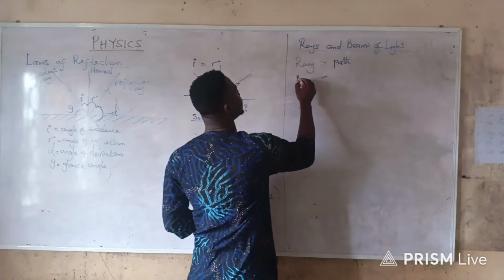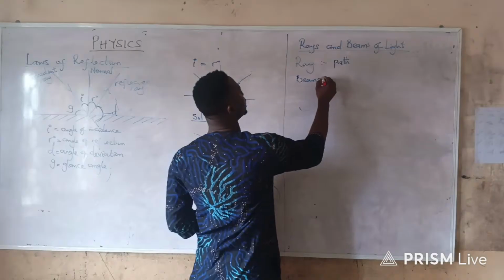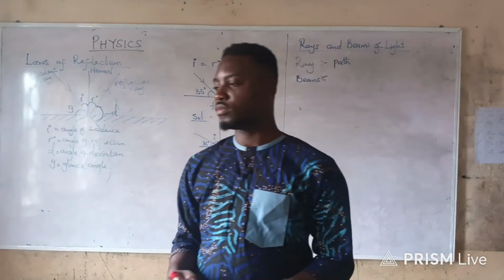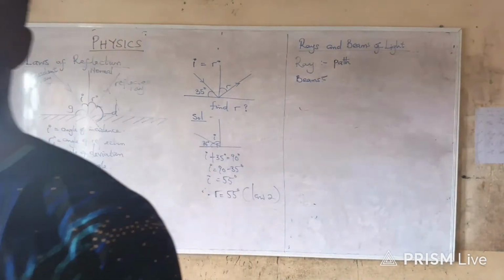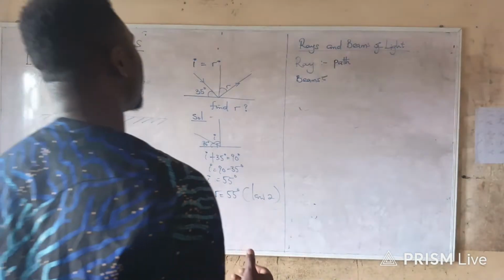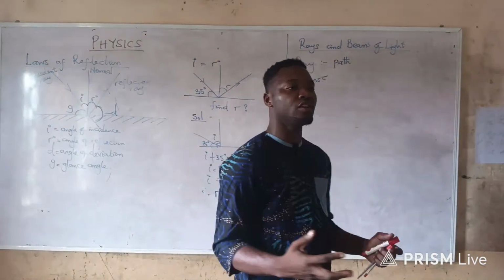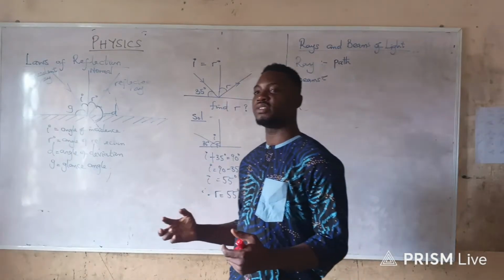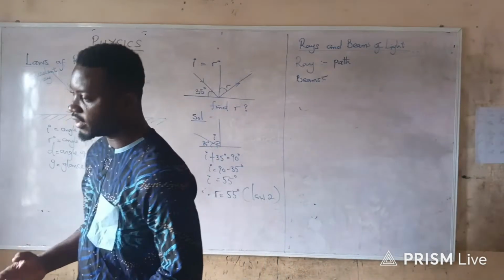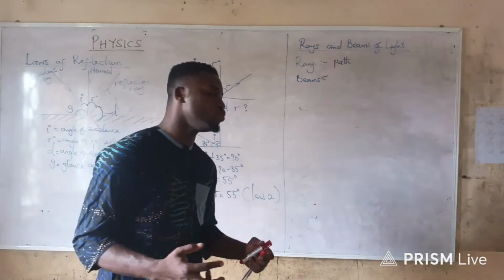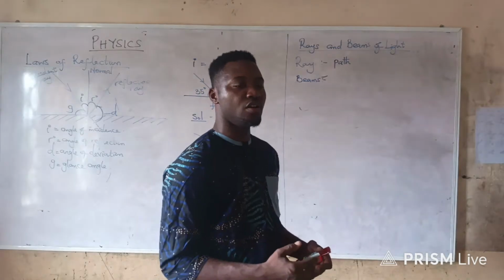Let's do beams. The beam of light is the combination of two or more rays of light.